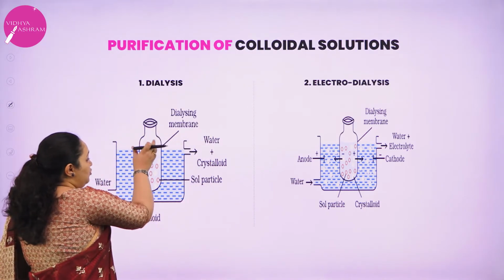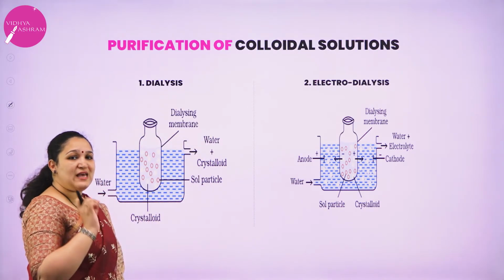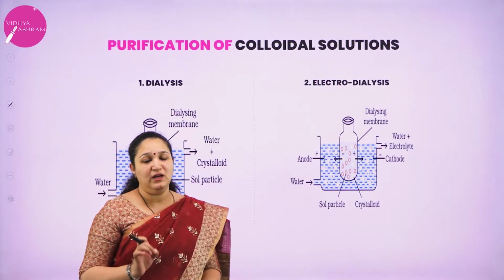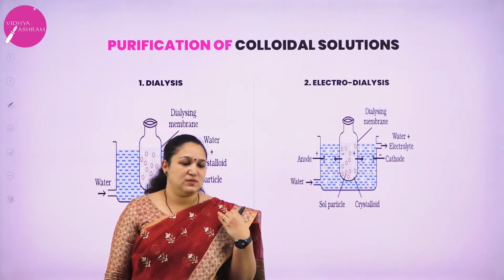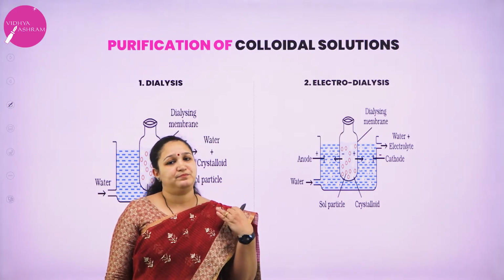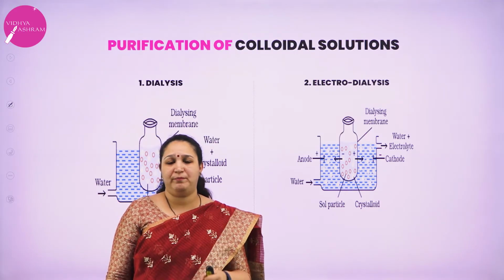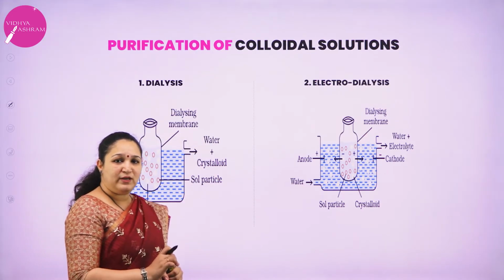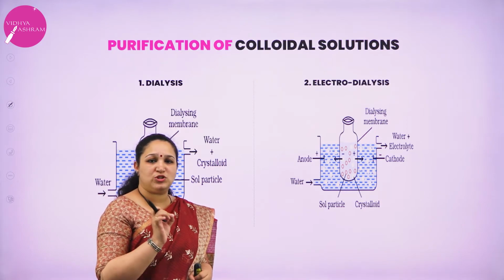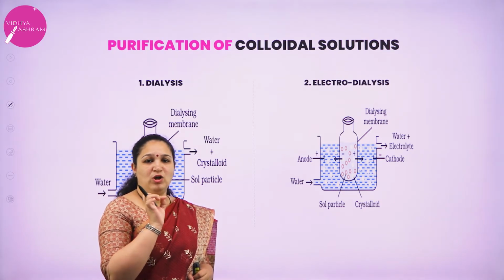The suitable membrane is a semi-permeable membrane which we are using. It can be animal bladder, cellophane, or even parchment paper. These membranes will allow the movement of only true solution particles or very small particles.